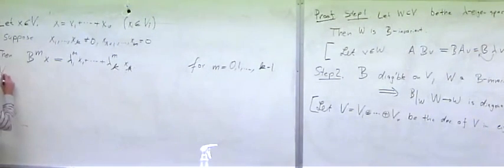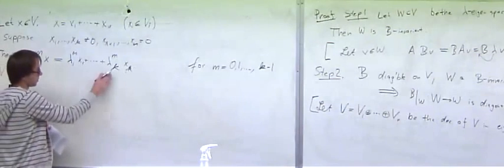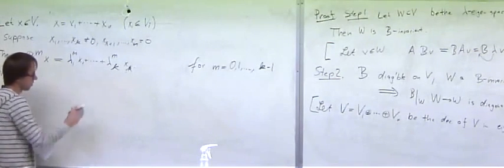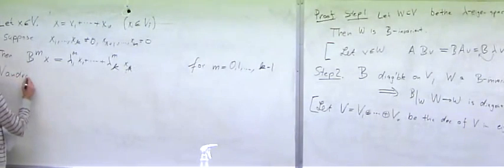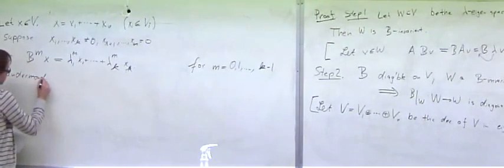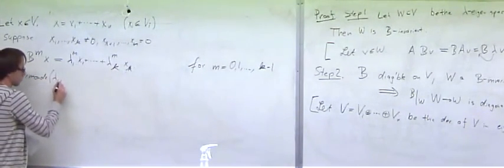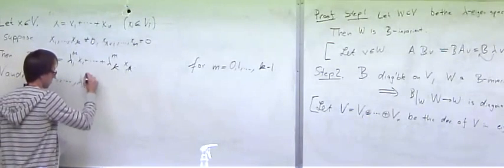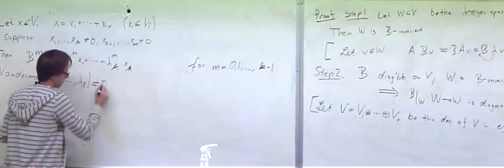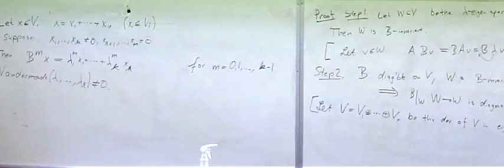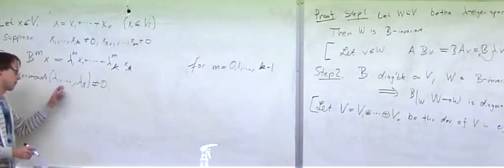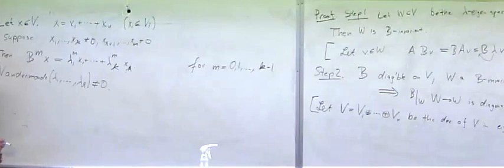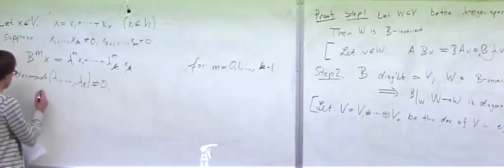Now the crucial thing is these eigenvalues, lambda 1 to lambda k, are all different. So the Vandermonde determinant is non-zero. This is the determinant of the matrix which contains the powers of the lambda i in the rows or columns, doesn't really matter.